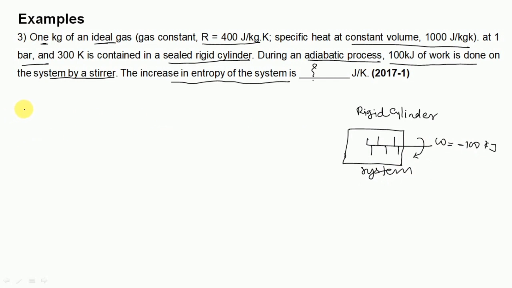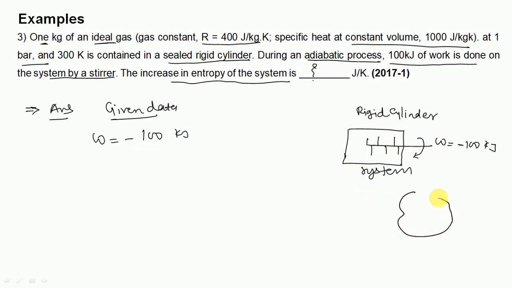So here I write the answer, given data. First I write here work is minus 100 kilojoule. Why is this minus? Because we are giving the work to the system. That's why we put minus, because we already know the thermodynamics terminology.